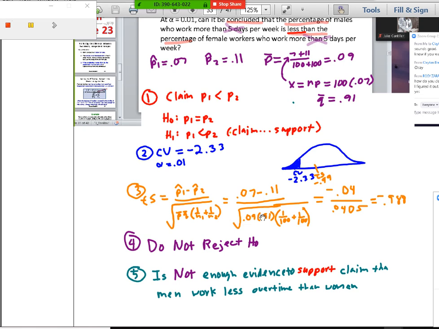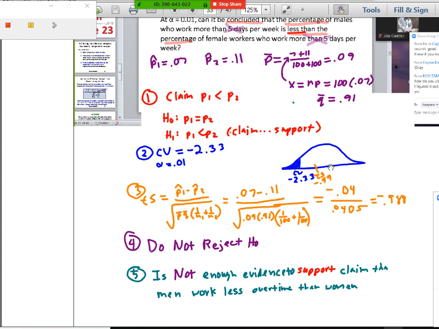When you do this and square root it, you'll get 0.0405 down below and negative 0.04 above. And when you divide those, you get negative 0.988. So negative 0.99 is my test stat. Goes right in here. Totally in the non-guilty range. So we do not have enough evidence and we do not reject H0. So everyone good with that? Not guilty, do not reject H0.